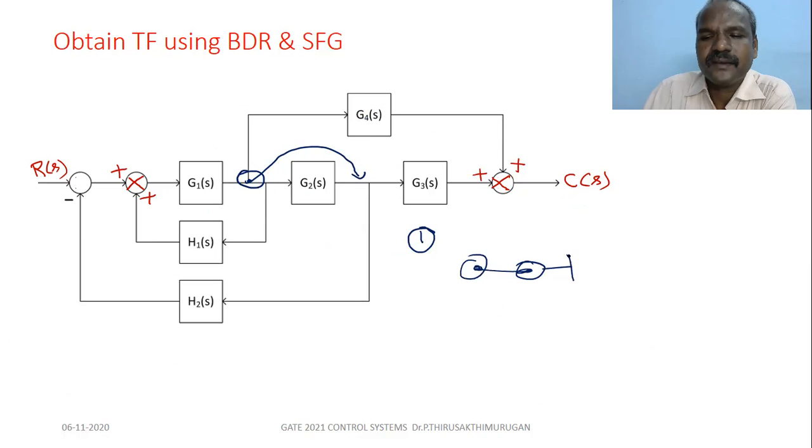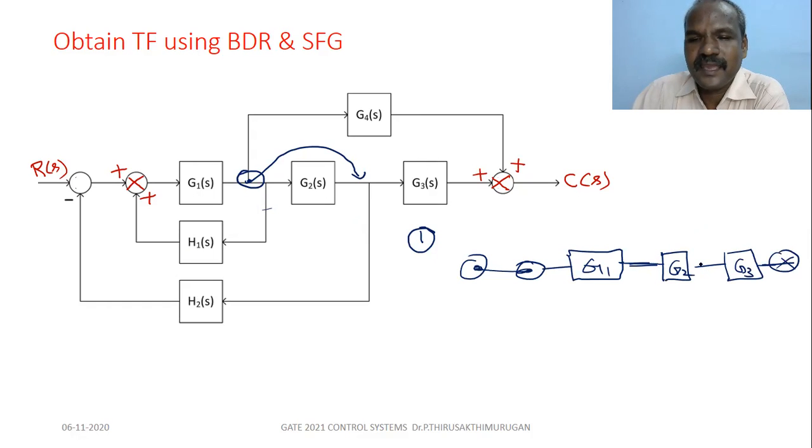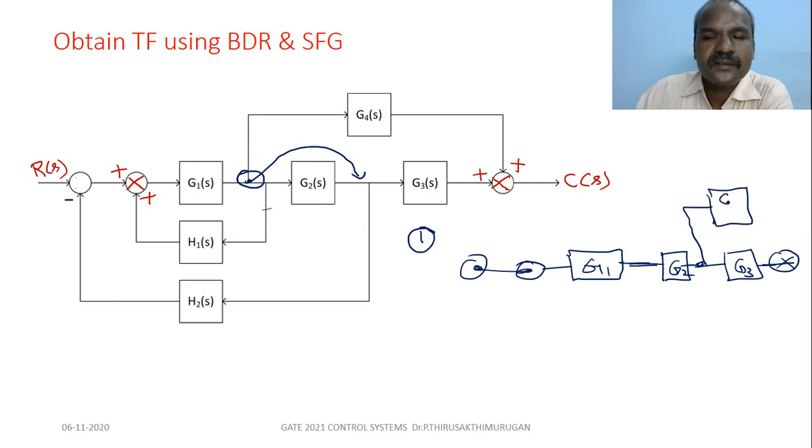So now the block is reduced, with G1, G2, G3. When we shift this point to here, the feed forward gain becomes G4 divided by G2.